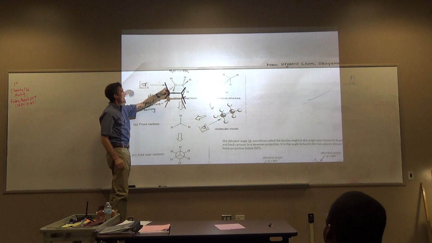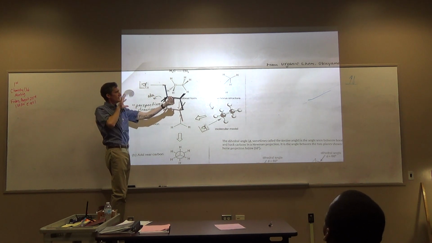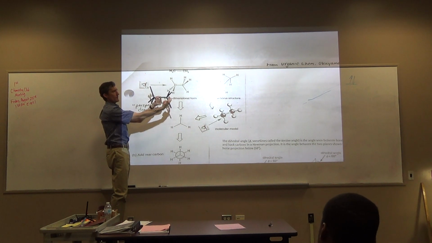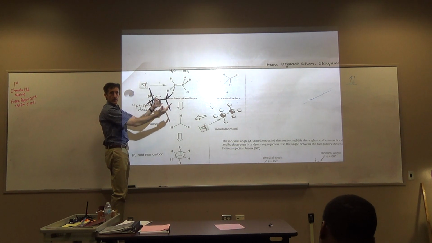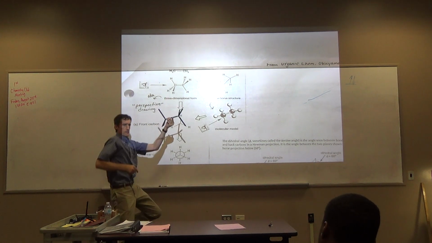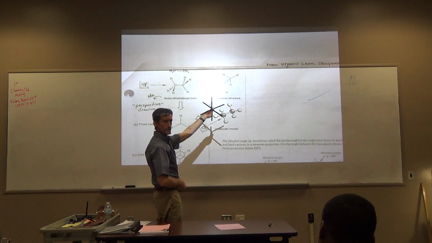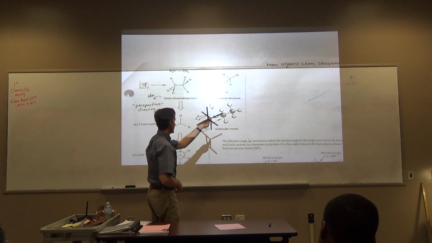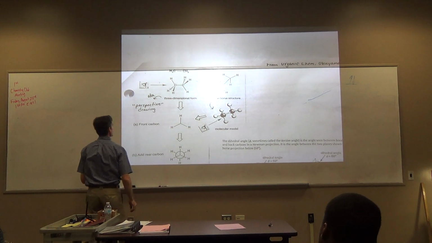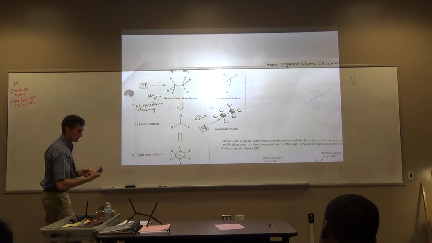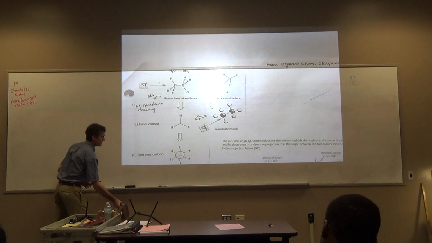Okay. I'm over here. What do I see? I'm looking at the front carbon, and then there's a carbon behind it. You want to see what I see? How about if I do this? I'm looking at it like that. Right? And how can I draw that? We draw that using a circle, circle, dot, dot. Remember that?